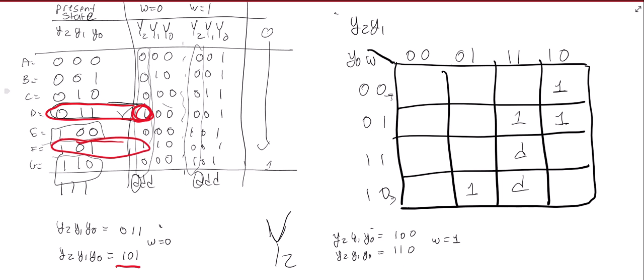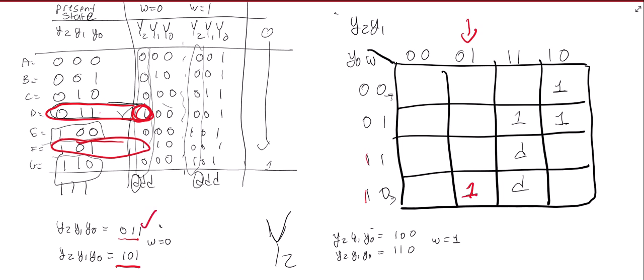Y2 was 1 right here, and it was 1 when Y2, Y1, Y0 was 0, 1, 1, and W was 0. So Y2, Y1, 0, 1 is right here. Y0 is 1, means that's these two right here. And W is 0 is right here, so that's this one. So this one is correct.